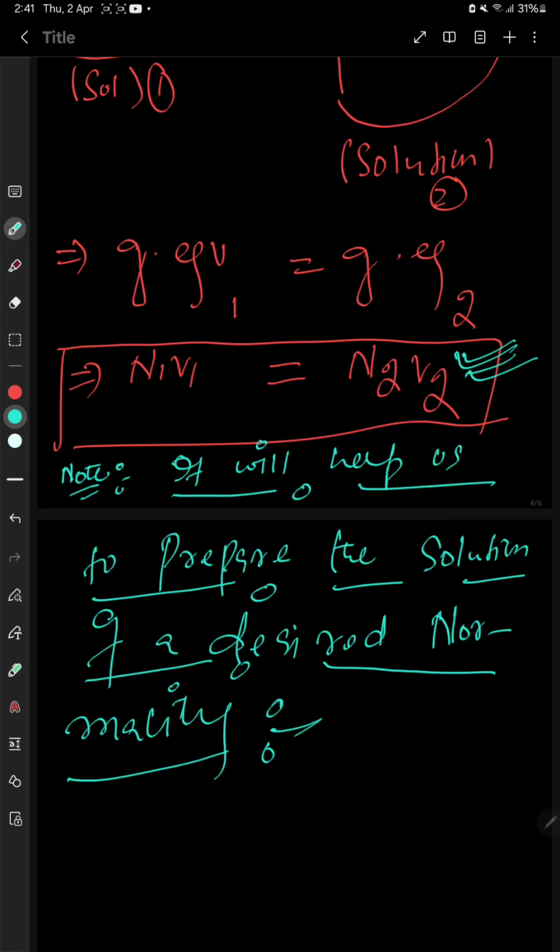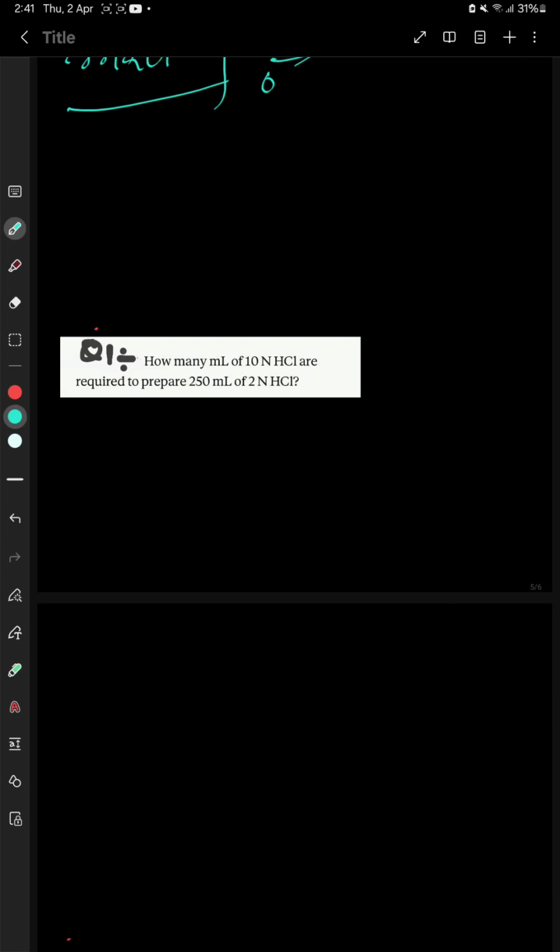Now we'll be discussing the problem. Here is the problem: how many milliliters of 10 normal HCl are required to prepare 250 ml of 2 normal HCl? We need to break this problem.